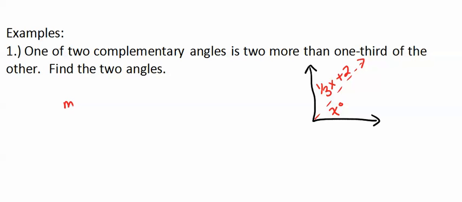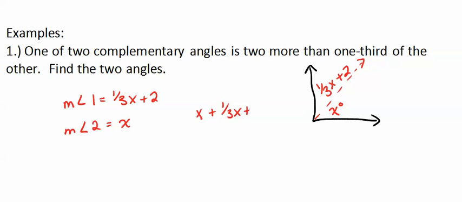So the measure of angle 1 is 1/3 X plus 2, while the measure of angle 2 is simply X. Since they are complementary, we know that their sum will equal 90 degrees. So we'll take the measures of both and add them together.